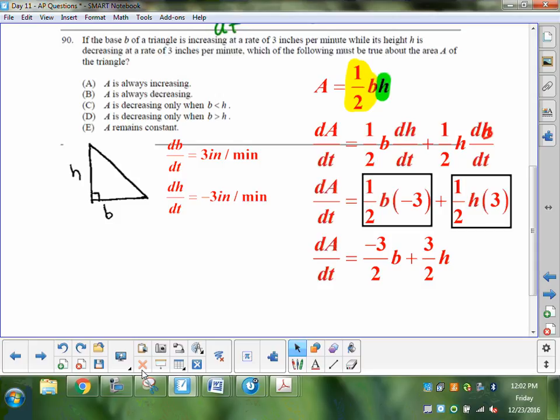Which answer would we go through and give? The change in the area is equal to that. That's what you got, it's equal.